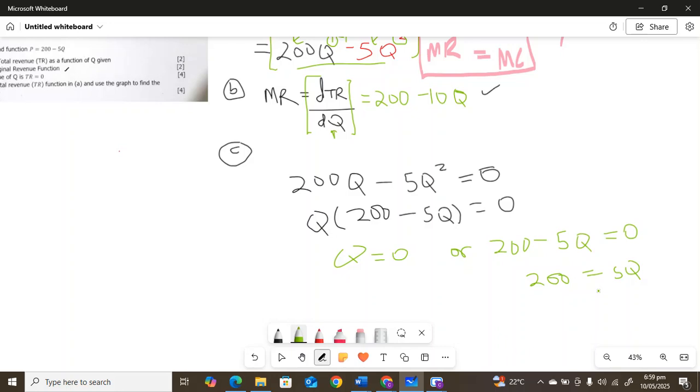Divide both sides by 5. 200 divided by 5, that is 40 units.